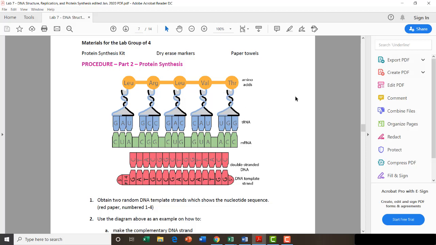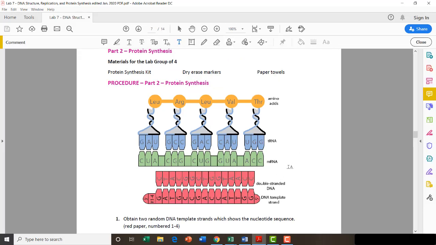Okay, two words that I did not use that are so important are transcription and translation. Both of these processes happen one after the other to make a protein. If I type out these words, I'm going to write transcription and translation.